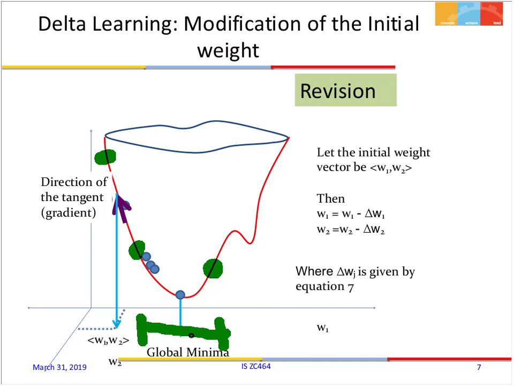And then in that case, you would have skipped the global minima even. So initially you started with this, you reached here, then from here you reached here, skipping the global minima which is down below this point. So the step size makes it very important to have this gradient descent perform good.